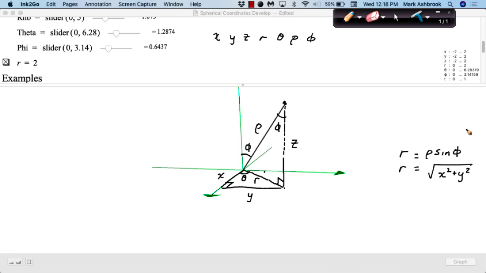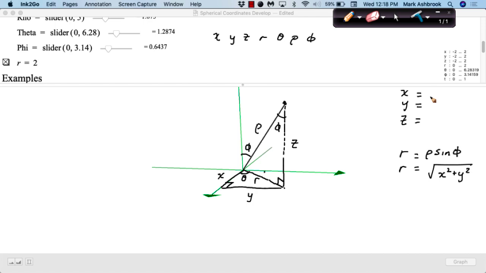So since r is rho sine phi, we can use that to figure out what x, y, and z are in spherical coordinates. So using spherical coordinates now, before in cylindrical coordinates, what was x?